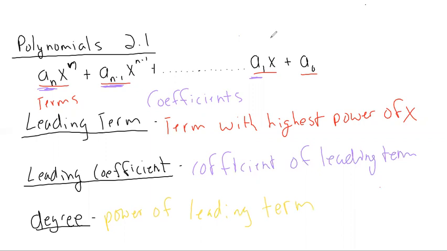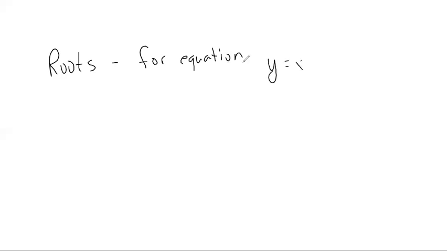Now, here's where they try to get funny and cute. They tell you that the roots of a polynomial are for an equation, like y equals x squared plus 2x plus 1.